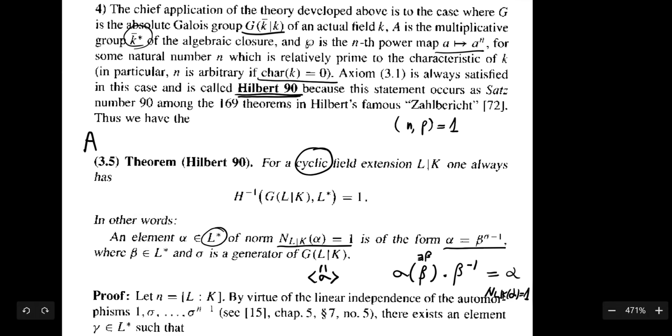We take A to be the multiplicative group of the separable closure.